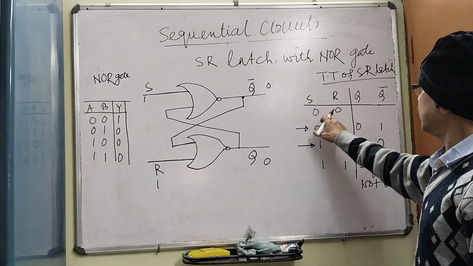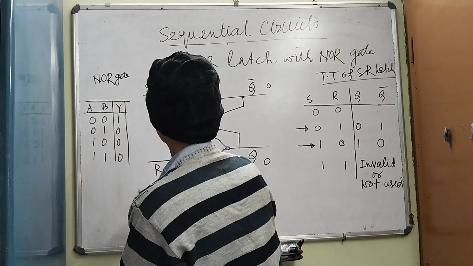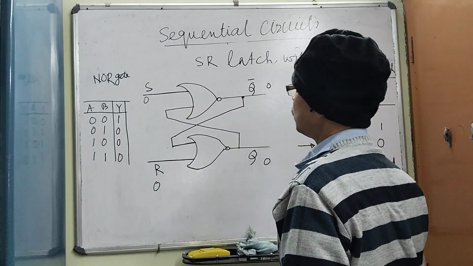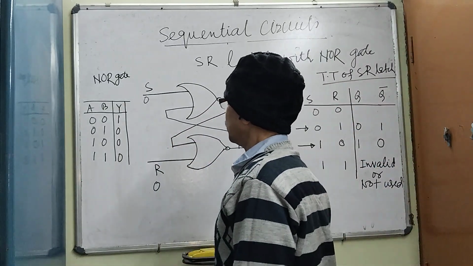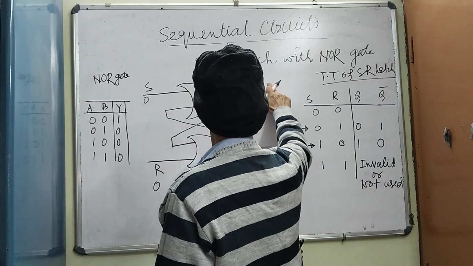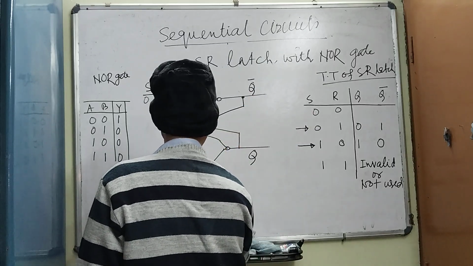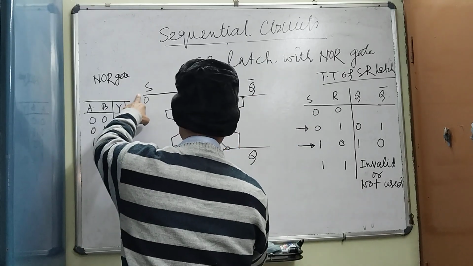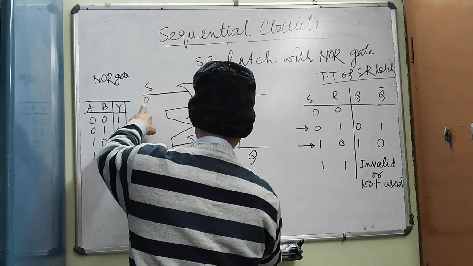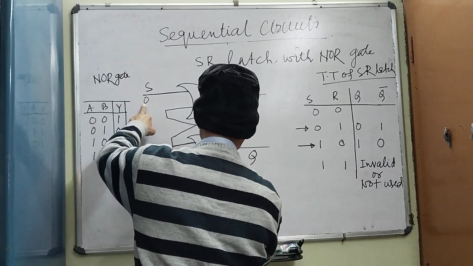And the last is, if both are 0, then what will happen? This is 0 and this is 0. If we move to Q bar, then what happened? Q bar equal to S, that is 0, NOR this Q. Then 0 plus Q, and this is the bar.